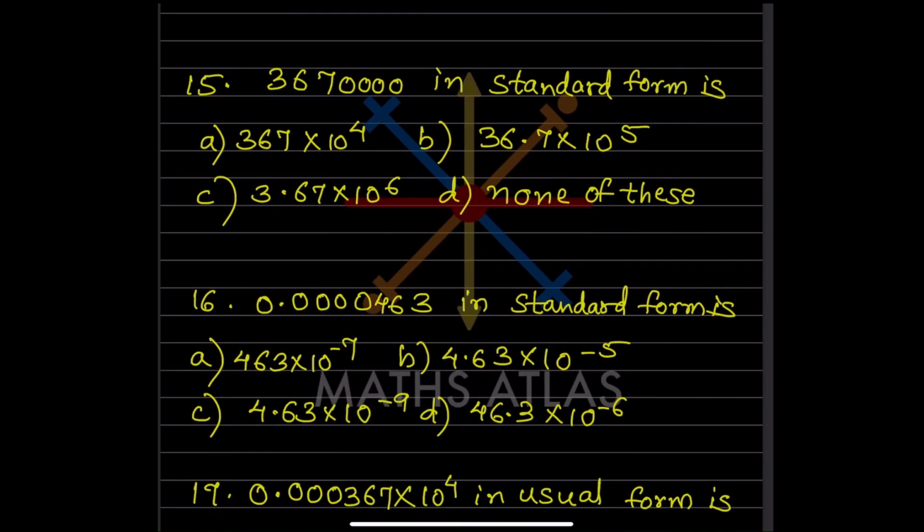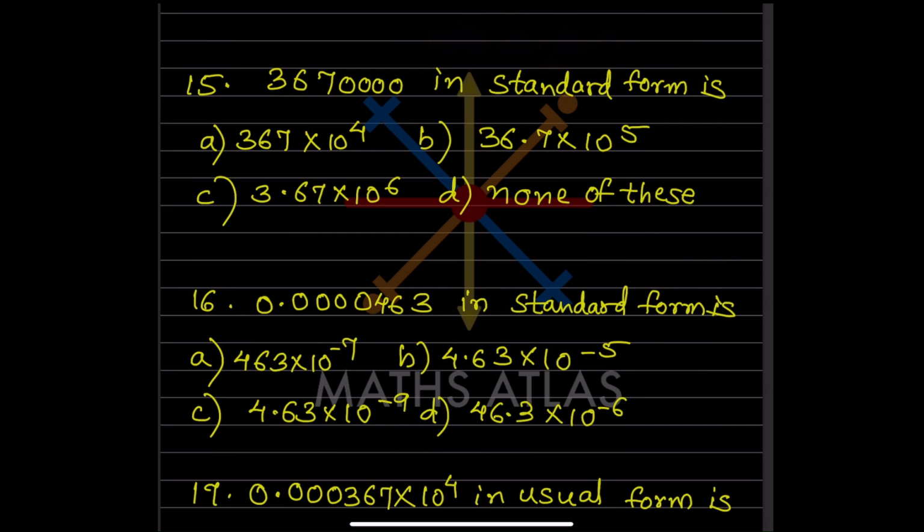Now you have to write this in standard form. We have seen this in the previous video, and if you have not seen it, you can have a look at it. We have done the standard form and the usual form. Here it is given that m should be greater than or equal to 1, but it should be less than 10.